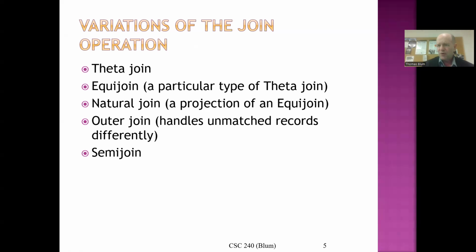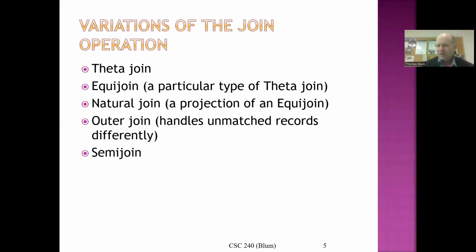So the theta join is going to be more generically any condition, whereas an equijoin is going to be particularly when the join is based on a condition of equality.